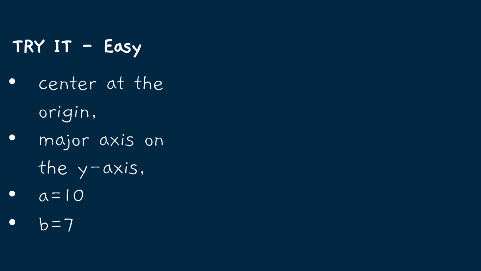First, your center at 0, 0. Remember, this is your h and k. Your major axis makes this a vertical ellipse this time. Again, remember what a vertical ellipse is. Then, a is equal to 10 and b is equal to 7.